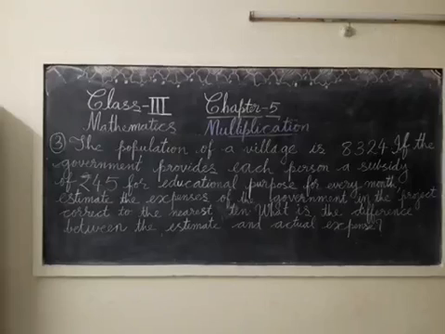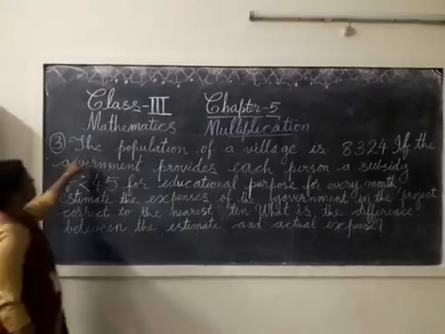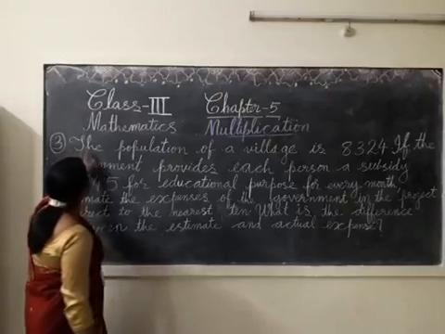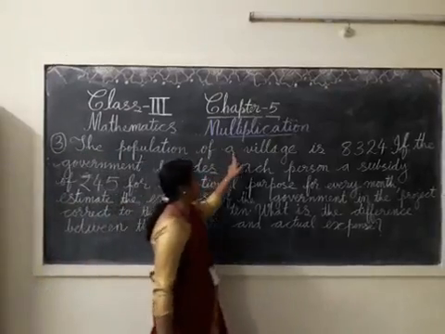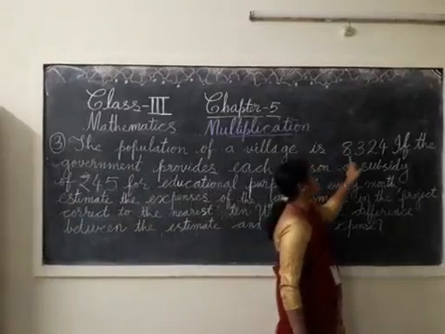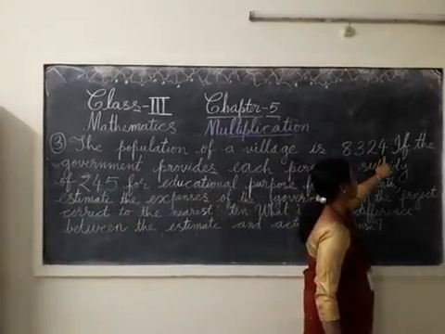The population of a village is 8,324. Once again, this is our last question. The population of a village is 8,324.